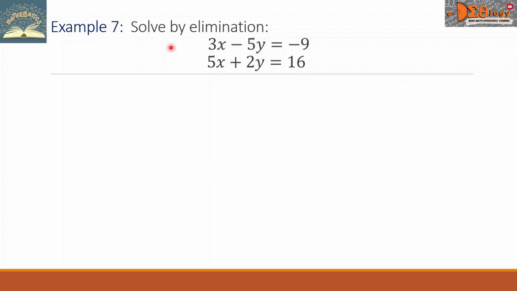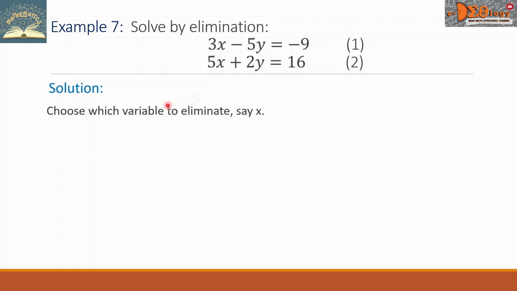Example 7. Solve by elimination. 3x minus 5y equals negative 9, and 5x plus 2y equals 16. First equation, second equation, respectively. Let us choose which variable to eliminate. We can choose x or y.